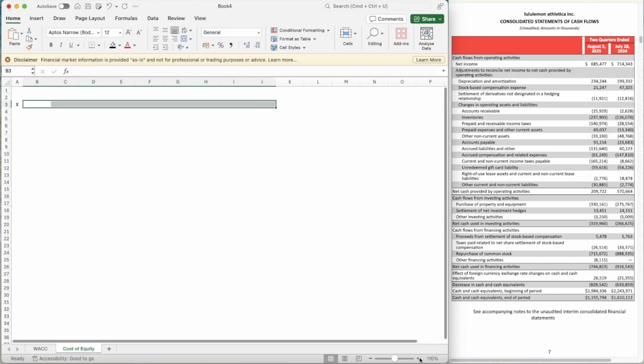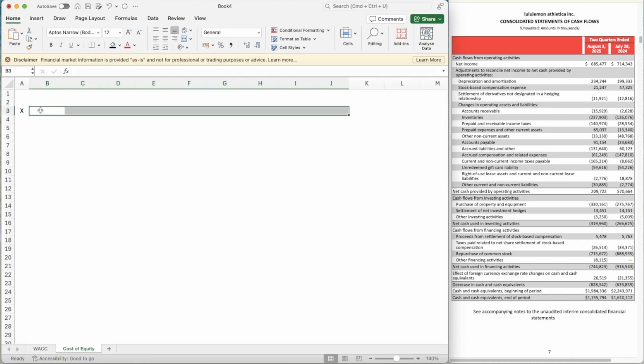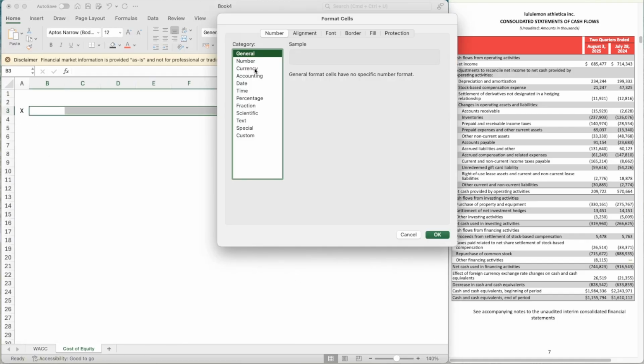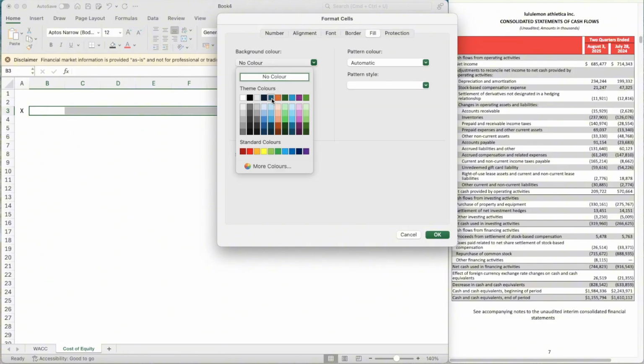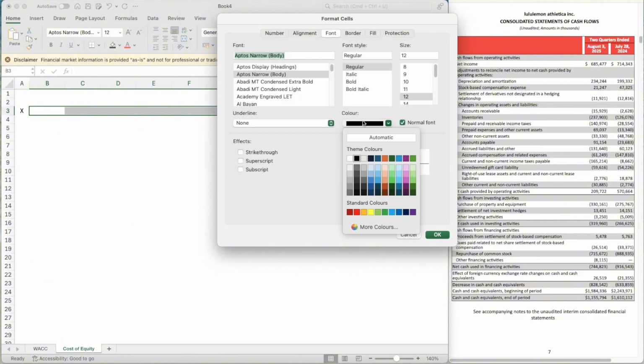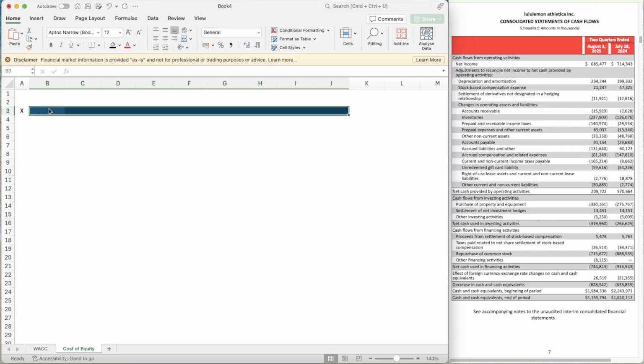Can zoom in a bit. The first one is, there we go, cost of equity.